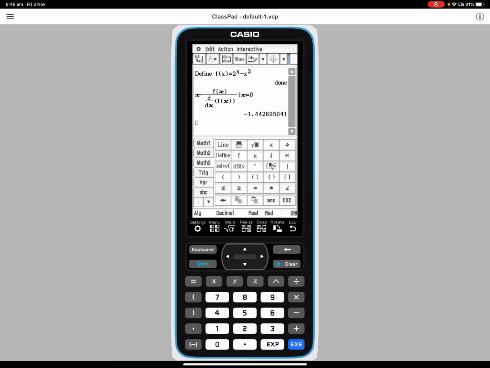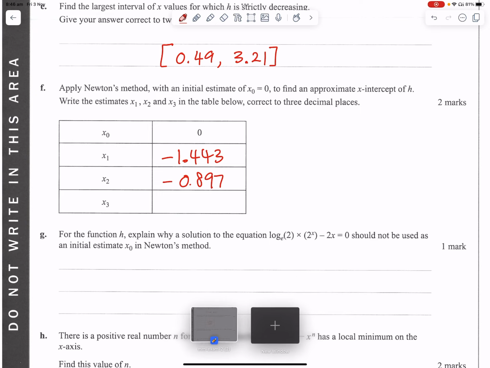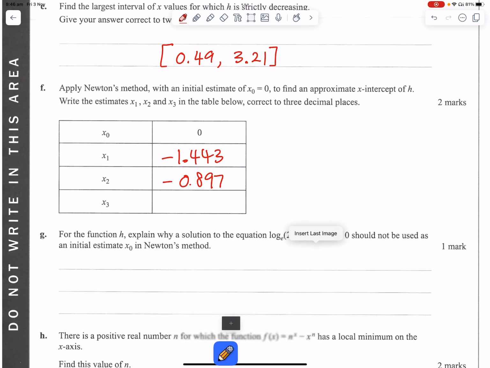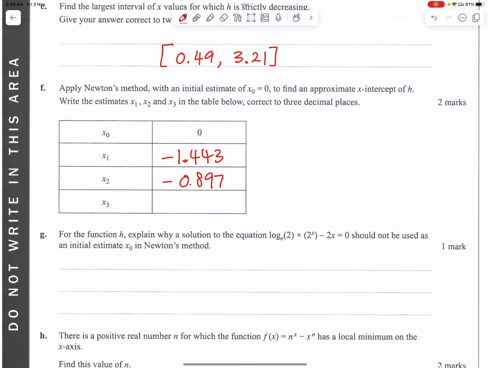Okay, now we do the same thing, but we use our previous answer. Negative 0.897. And then we do the same thing again. Negative 0.773. Okay.